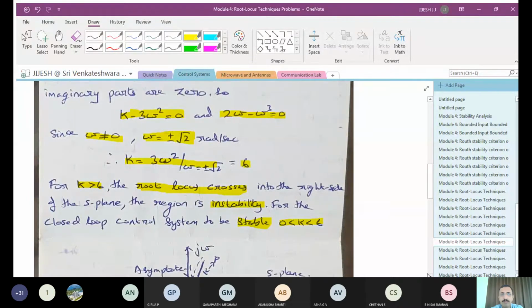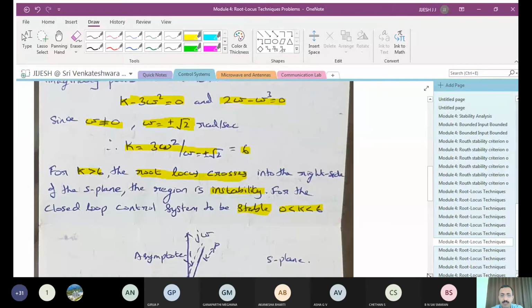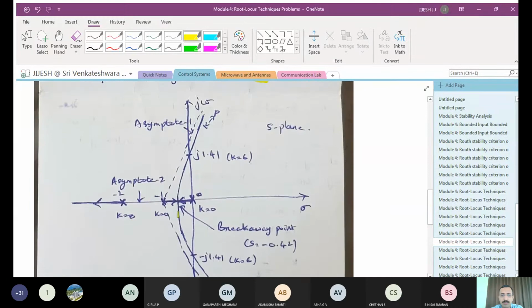You have already found the asymptotes, the point where the asymptotes start, which angle the asymptotes are placed at, and which are the poles and zeros. All those things you plotted. So I can just show you. You plot the poles, you plot the point at which the asymptotes have to be located, asymptote 1, 2 and 3, all these things, then we will see that.